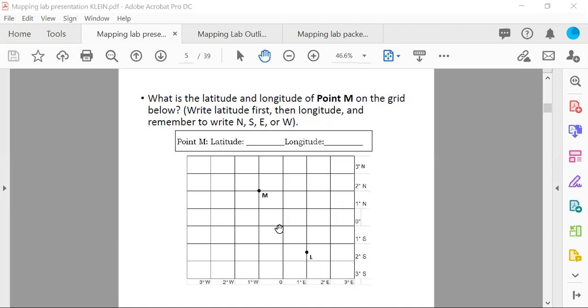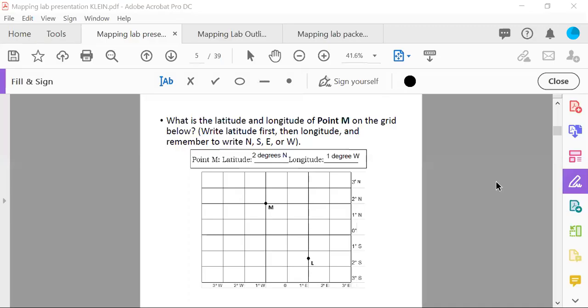So the answer here would be 2 degrees north, 1 degree west. Again, 2 degrees north would be your latitude. 1 degree west is your longitude.